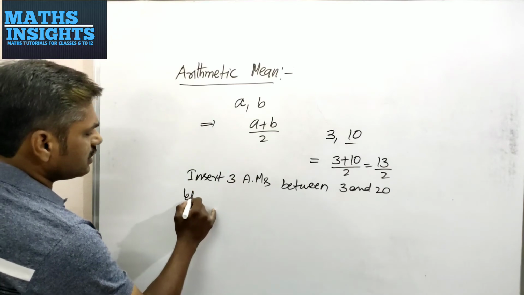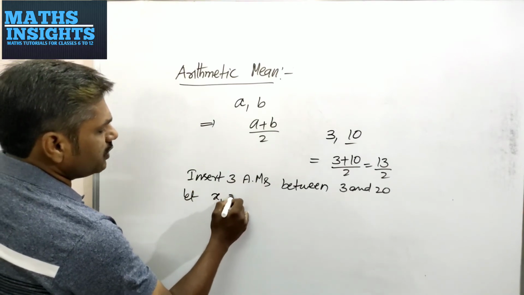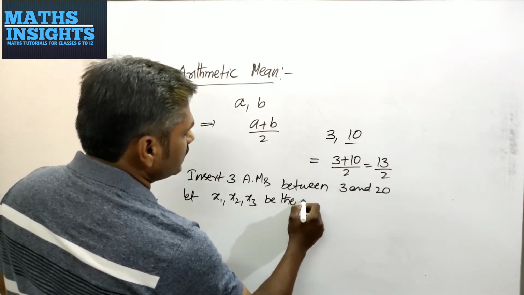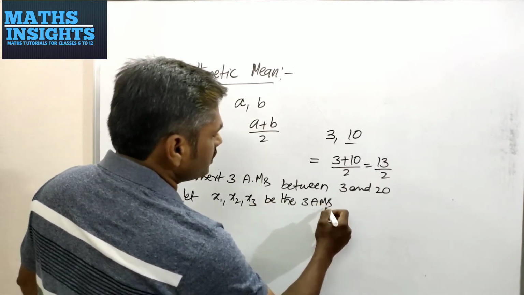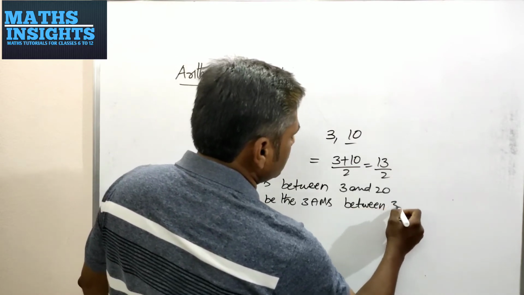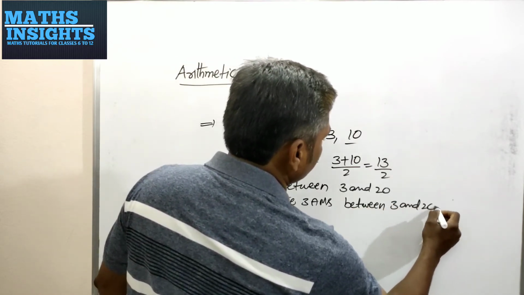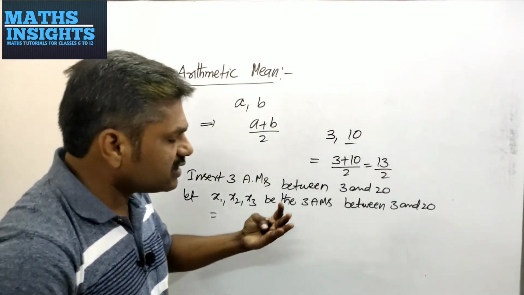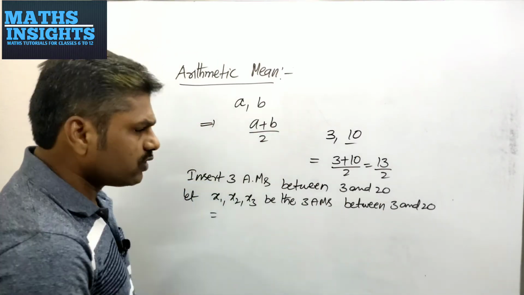Let x1, x2, x3 be the 3 AMs between 3 and 20. After inserting these arithmetic means, that will become an arithmetic progression.